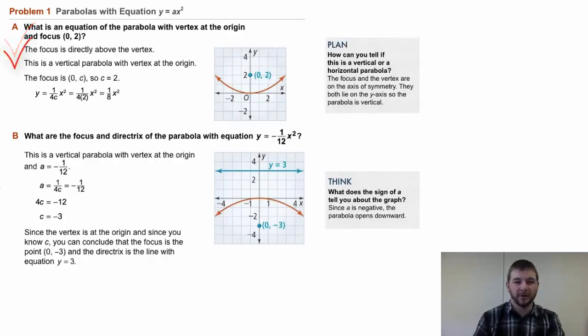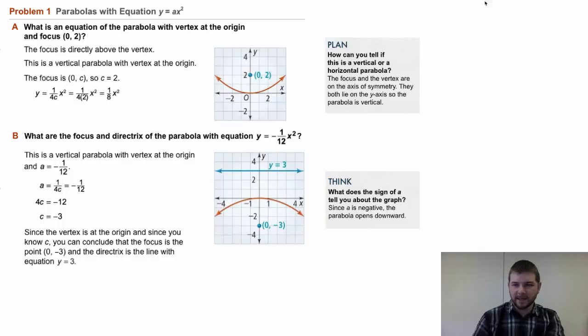This is a vertical parabola with its vertex at the origin. The focus of the parabola is the point (0, 2), which tells us that c equals 2 in this case. Recall the general form for an equation of a parabola using its geometric definition: y equals 1 over 4c times x squared.